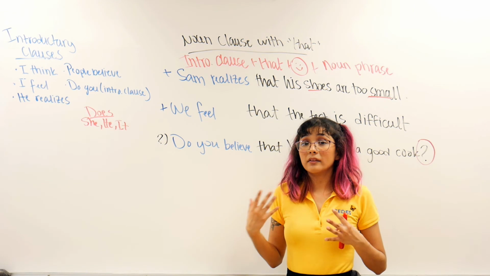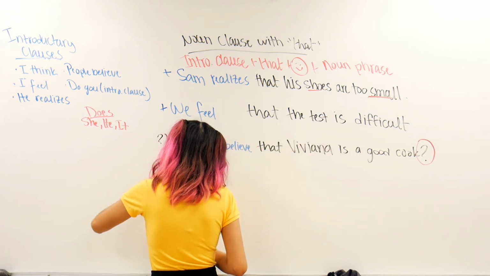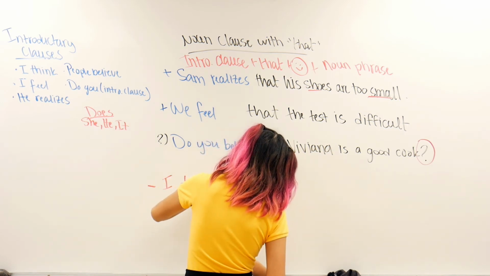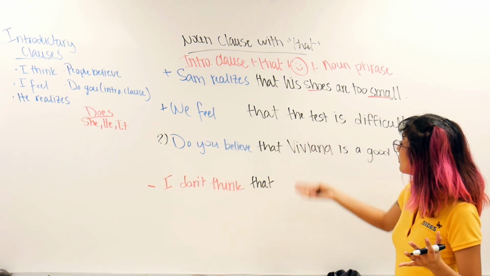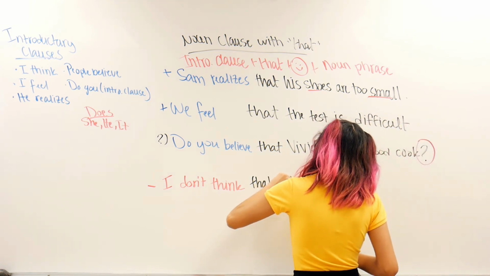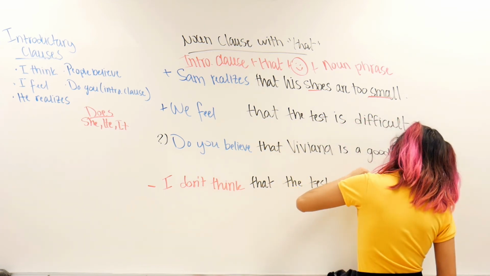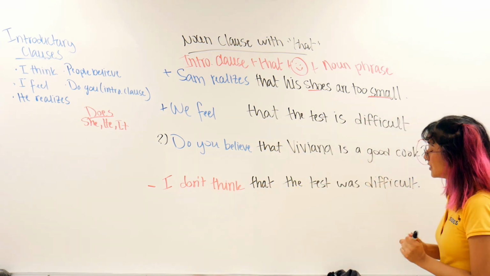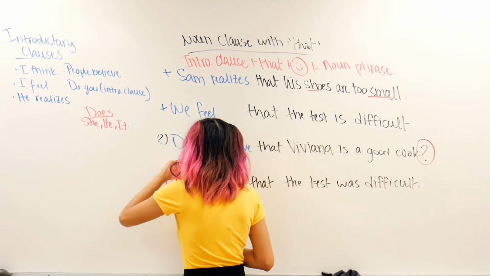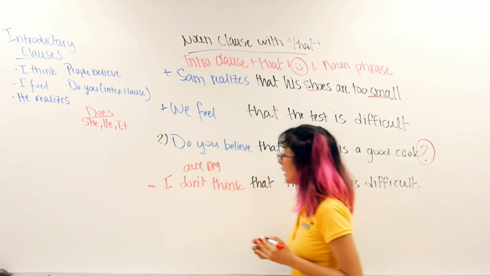For negatives, it's not all that difficult. It's very simple. I can say, I don't think, and let's say the test was easy for me, so I'm going to still use this. I don't think the test was difficult. The only difference is that I have my auxiliary, don't, but negated.